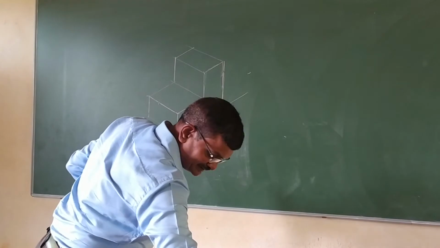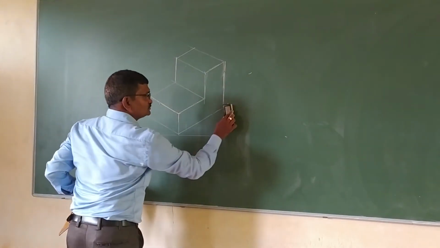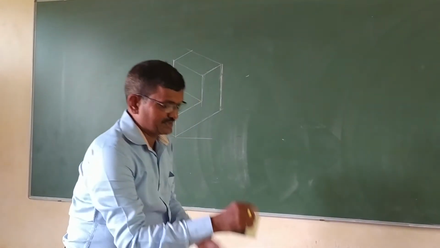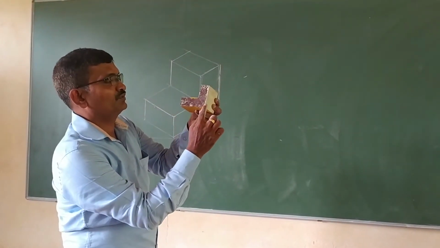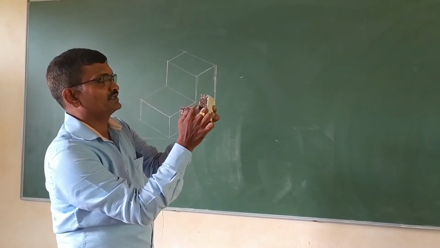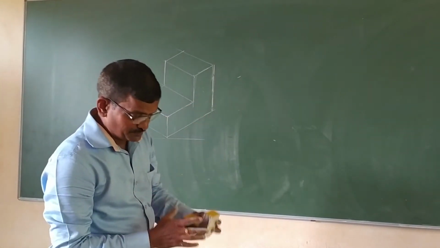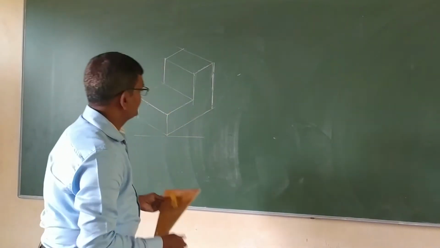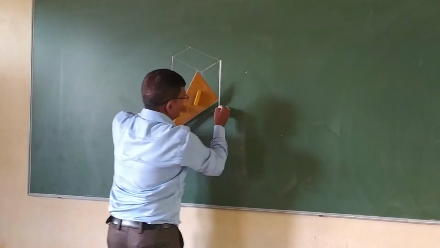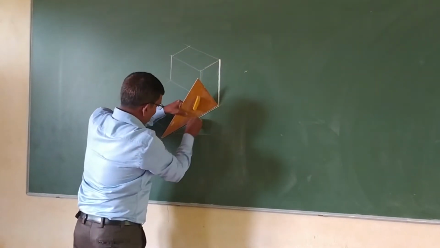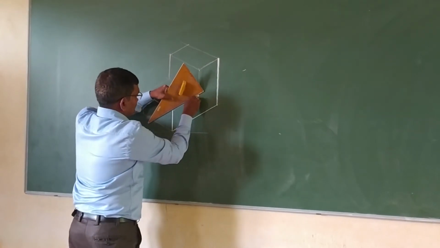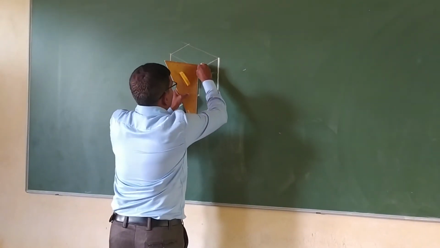Now all these lines are thin. These are the visible edges: this horizontal edge, vertical edge, horizontal, vertical. It is the visible edge. We have to make it a thick line. Here I am using white chalk.